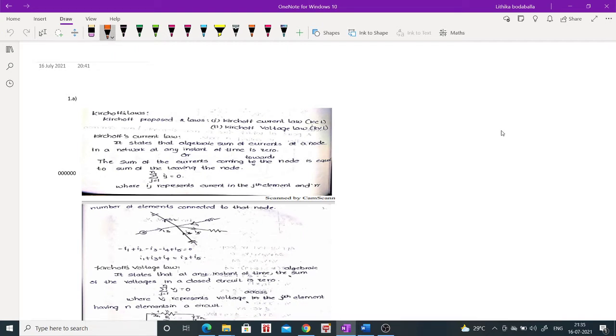The question was given: state and explain with example. So this is the question that was asked in 1A.